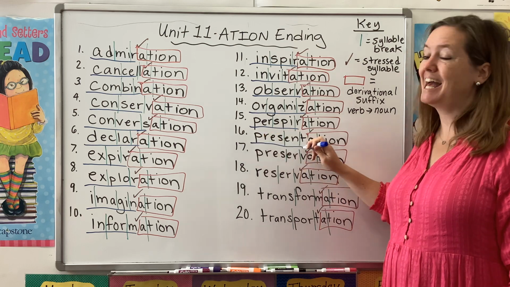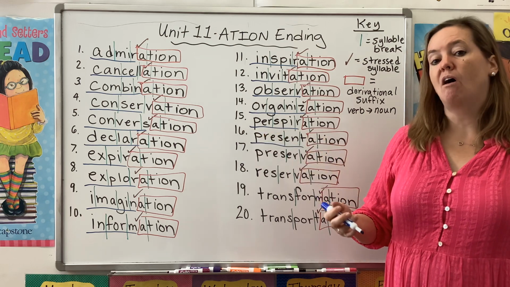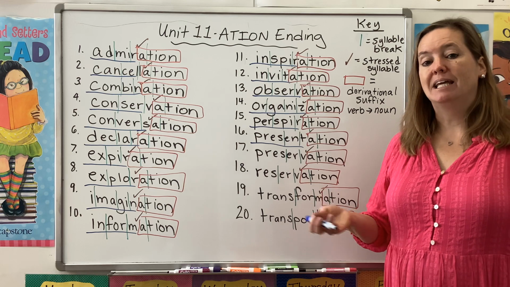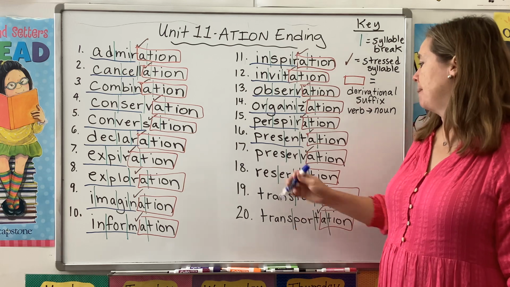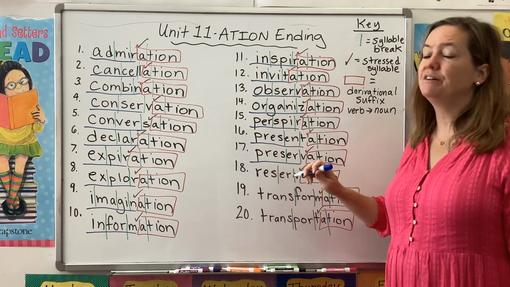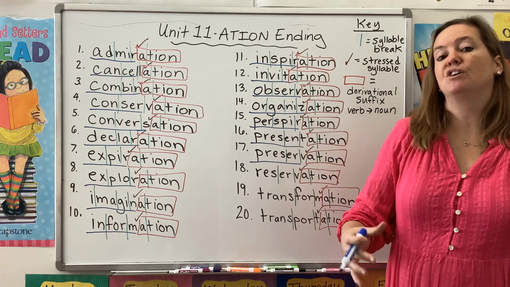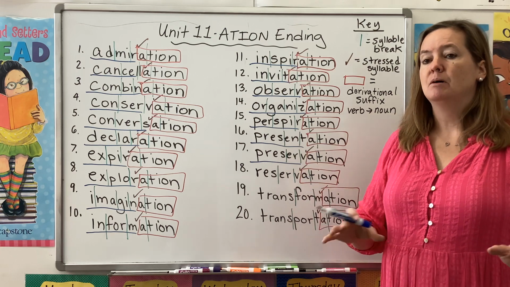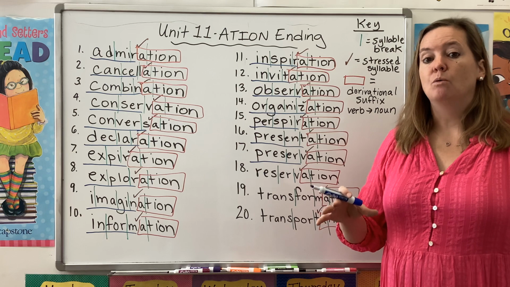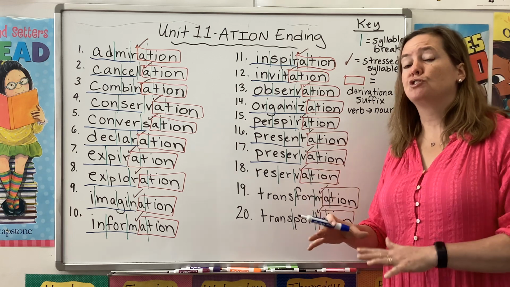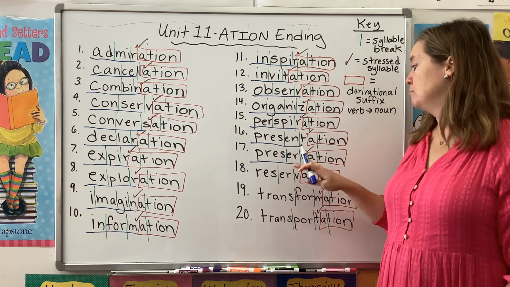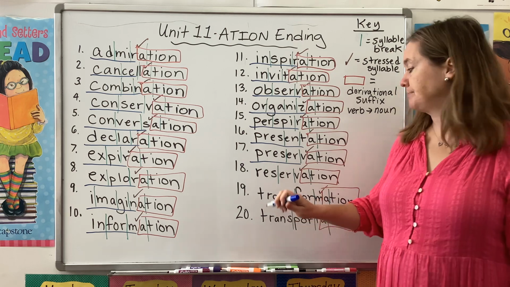If you present something to an audience, you are making a presentation. If you preserve something, you save it for later, like farmland. So if you're preserving it, you're concerned about preservation.